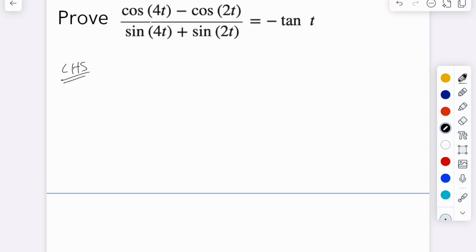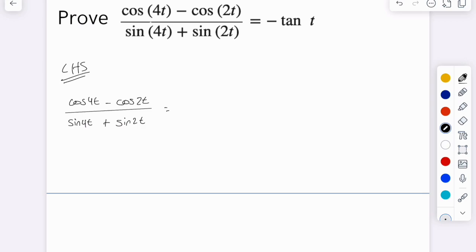Okay, so here's what I can say. Cos 4t minus cos 2t over sine 4t plus sine 2t equals what? Well, let's use our sum to product formula here.